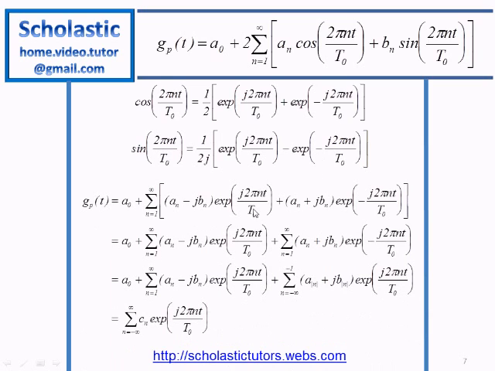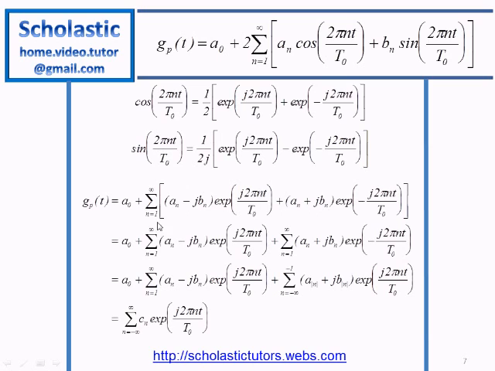This is a long function here. Basically what we see is g(t) equals A0 plus a sum where we substitute for cos in terms of exponential, and sine in terms of exponential. We can bring the terms together, positive exponential here and negative exponential here, with coefficients an minus jbn, and an plus jbn.